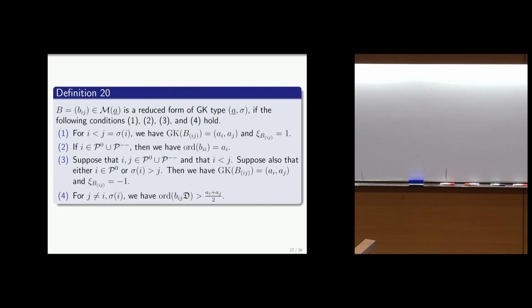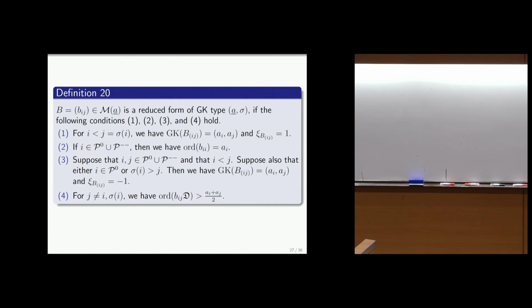Now we can define a reduced form of GK type A sigma, where sigma is an admissible involution, if the following conditions 1, 2, 3, and 4 hold.